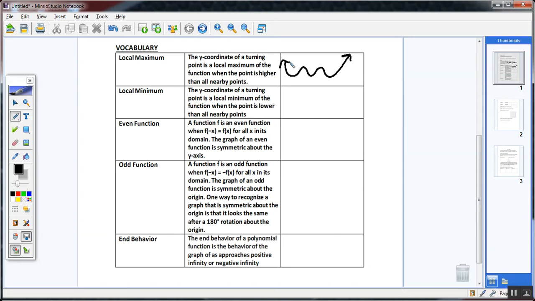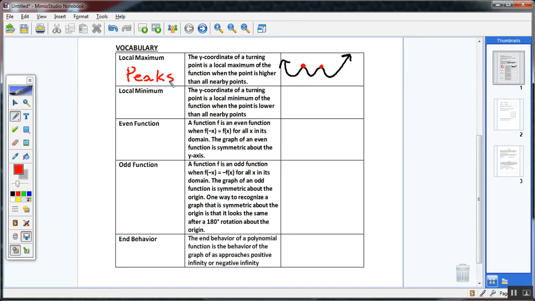So how many local maximums does this graph appear to have? Two of them. A local maximum might be here and here. Those 2 points are higher than some of the points around them. They're like the peaks.